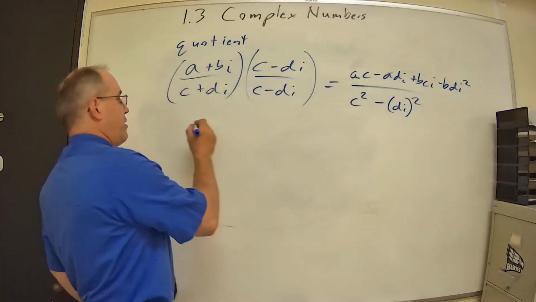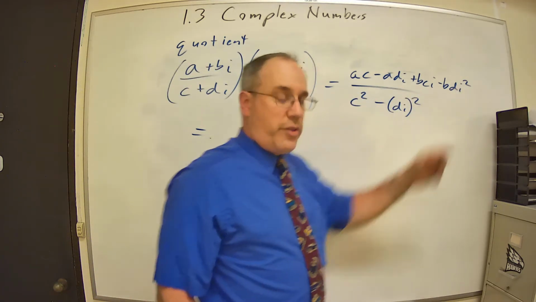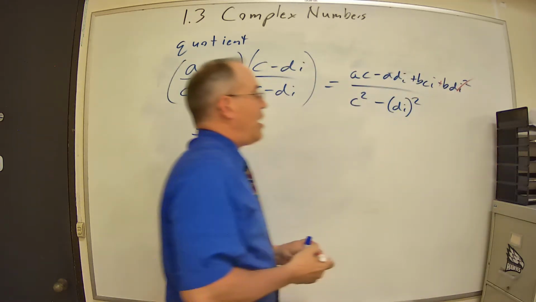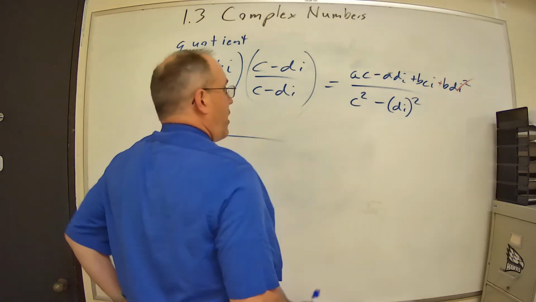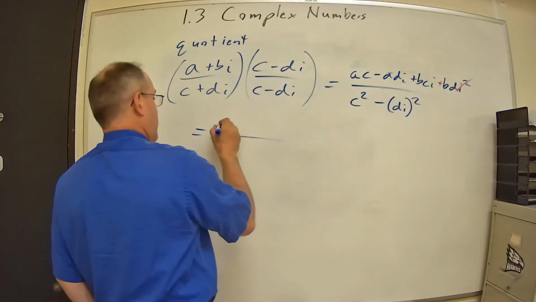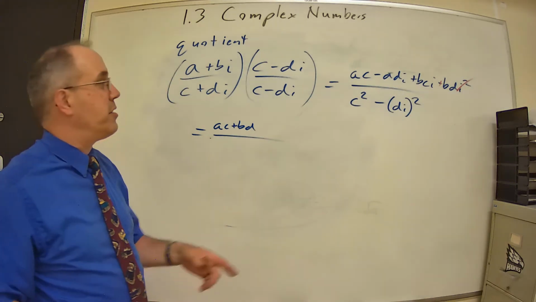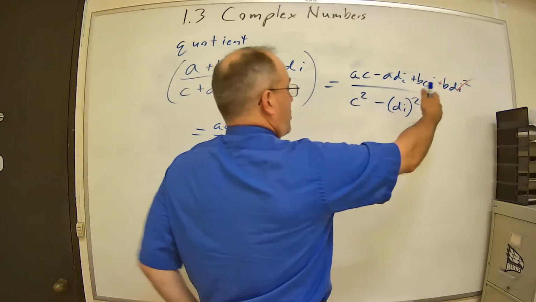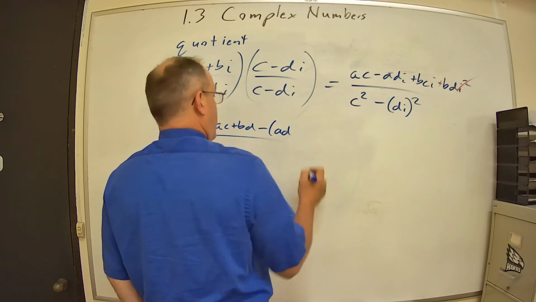So we got that there. Continuing on, remember with this, i squared is -1. So I'm going to do the same thing again. -1, I'm just going to make that plus. So now I've got ac plus bd is the real part, and then minus ad plus bci, so minus ad.